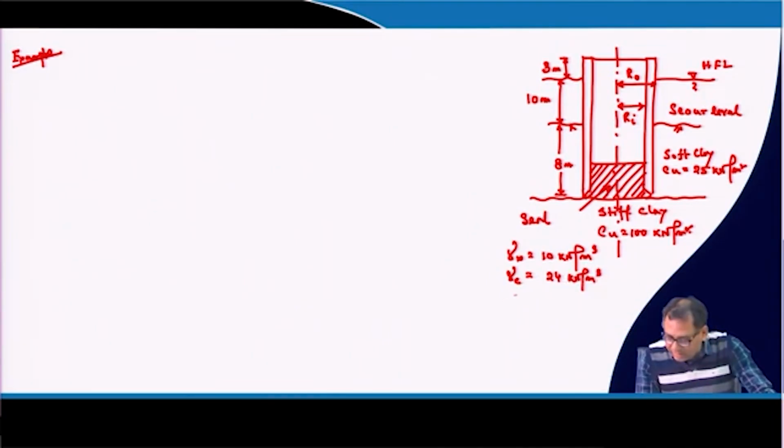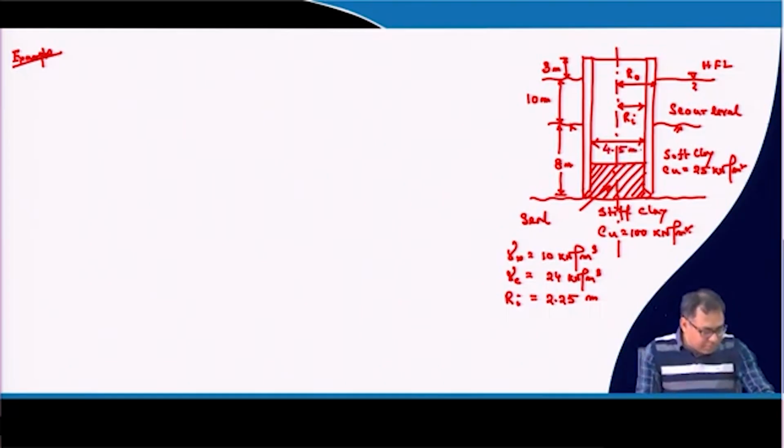Then Ri, the inside radius, is 2.25 meter, and that means the total inside diameter is 4.5 meter. Now, we have to determine what would be the thickness. This is a circular cross section.